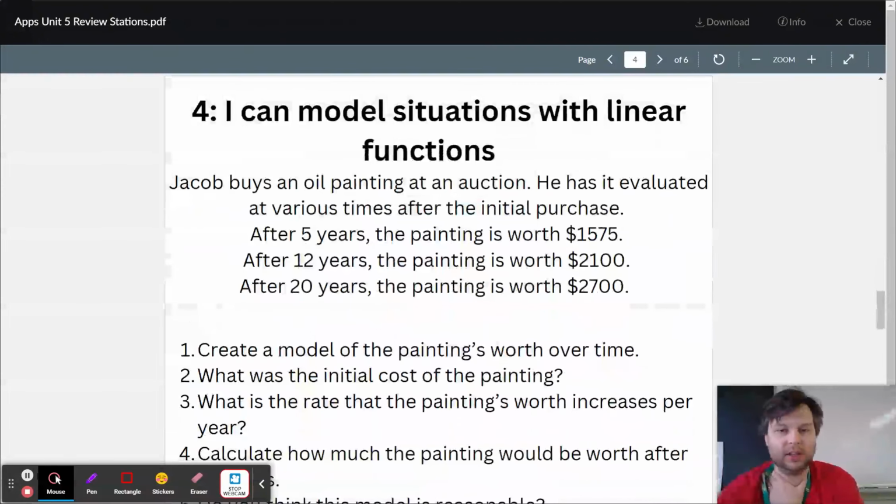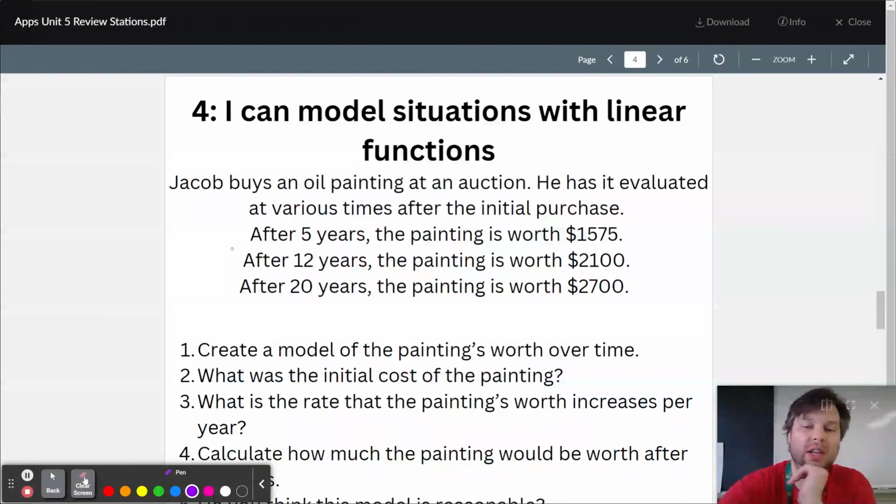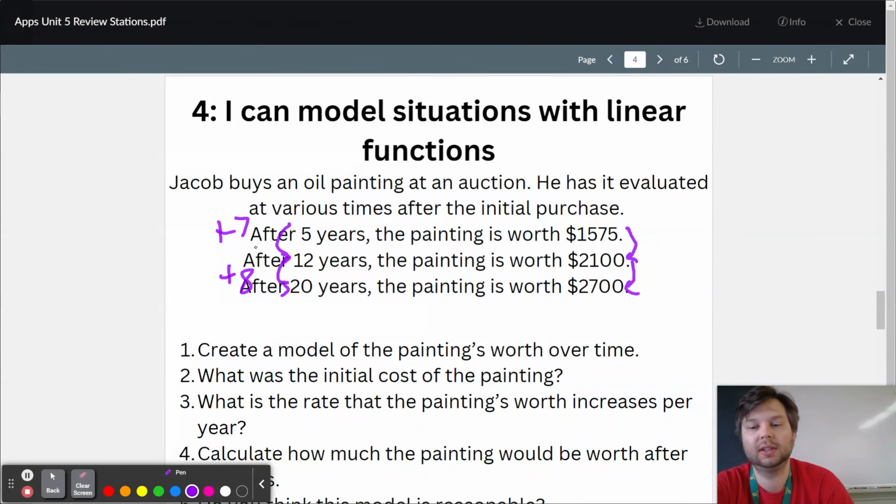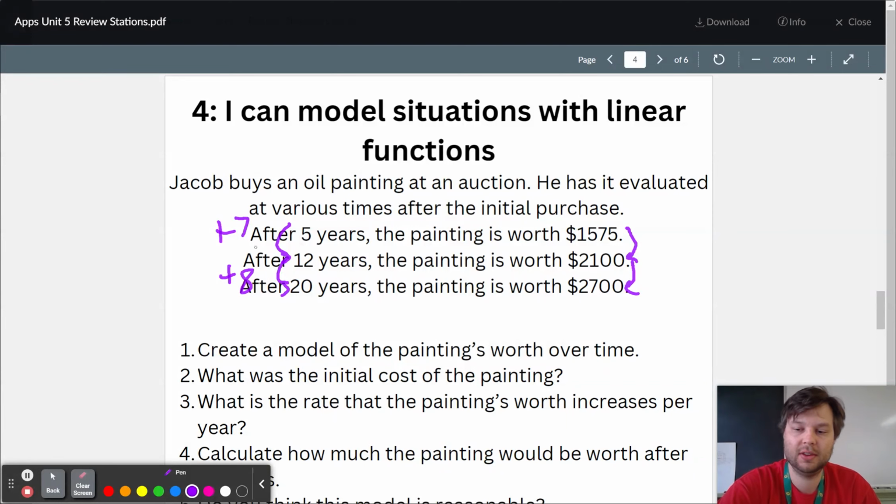Okay, now we got linear situations here. Whenever you've got a word problem, I want you to check what's the rate of change among the y values and what's the rate of change among the x values. I've noticed it goes plus 7 and then it goes plus 8. I just did 12 minus 5 and 20 minus 12. Here this goes up 525 and this goes up 600.